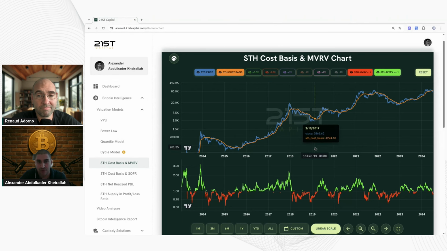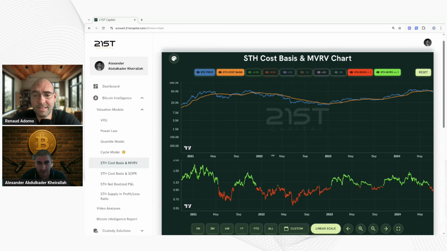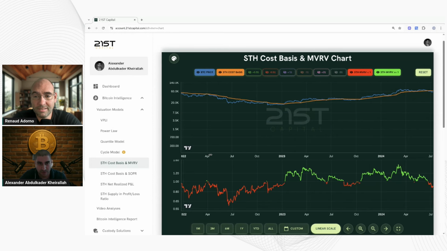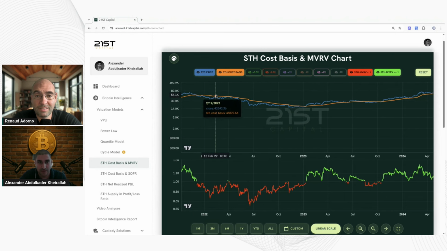Okay, so now if we zoom in a little bit, for example, let's pick the 2022 period, we can see that there are times when the price of Bitcoin was sitting above or below this orange line. What that means is that at any given time, the price of Bitcoin could have been above or below the price at which the short-term holders acquired the coins.